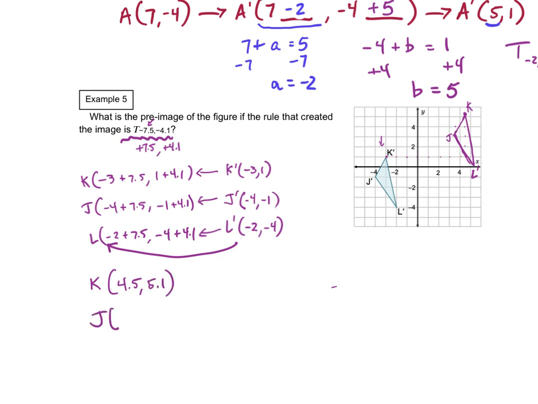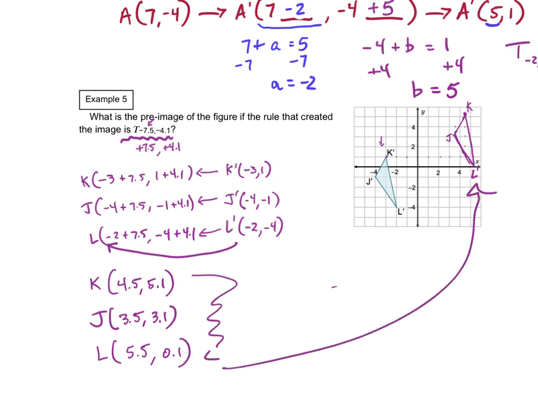J was originally (3.5, 3.1). And L looks like it was originally (5.5, 0.1). Those were my original values of my triangle right here.